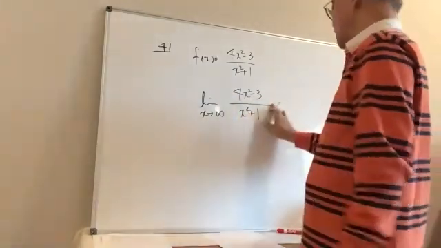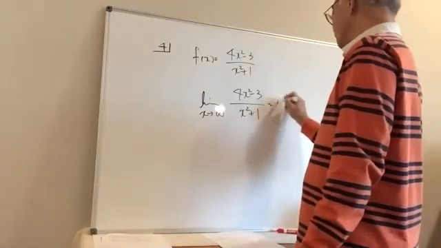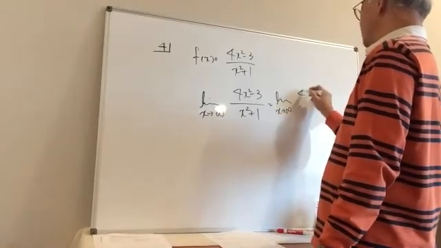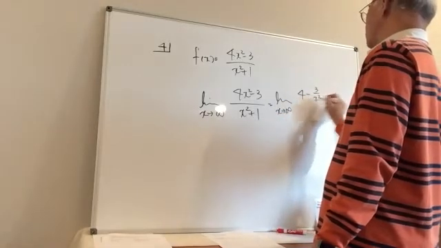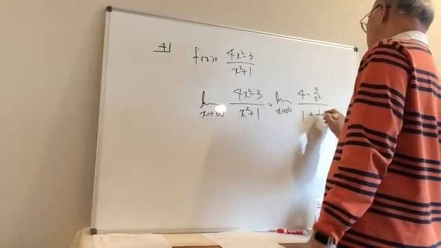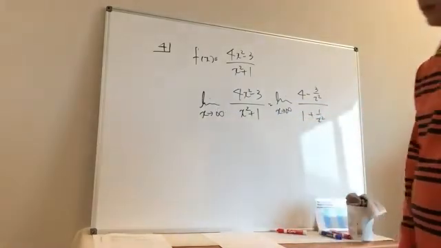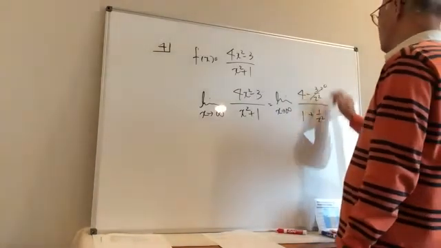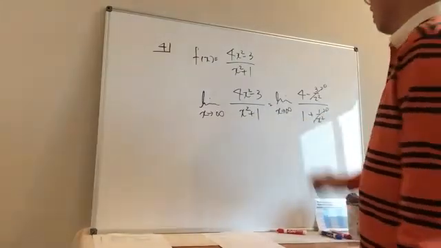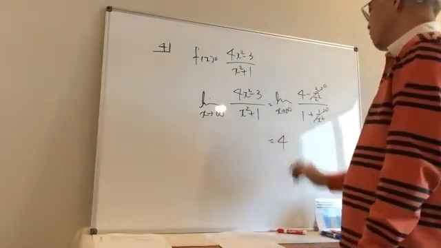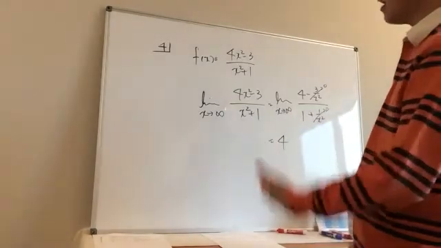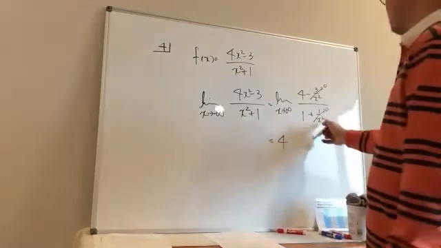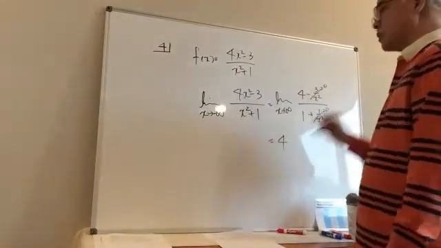The reasoning is that if I divide the top and bottom by x squared, I get this. Divide everything by x squared, right? This goes to 0, this goes to 0, and I get 4. It really doesn't matter if I go to negative infinity, it's still the same thing.